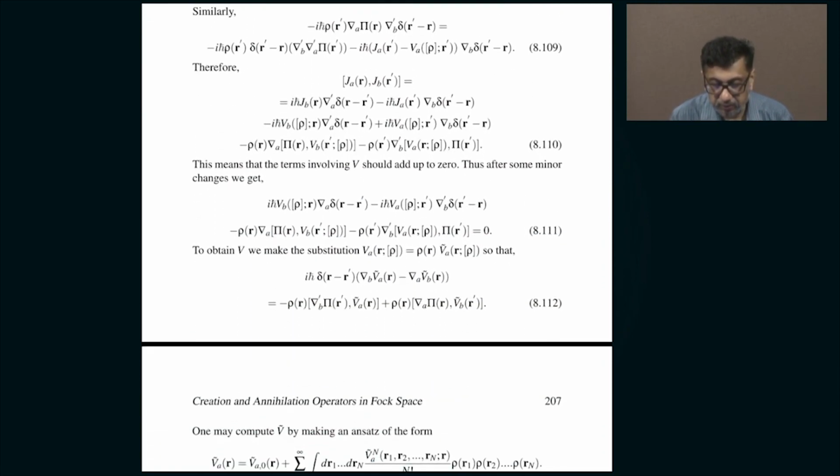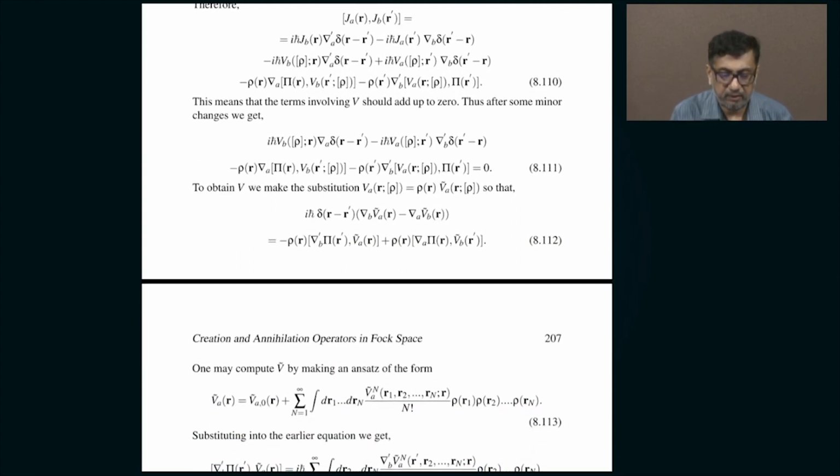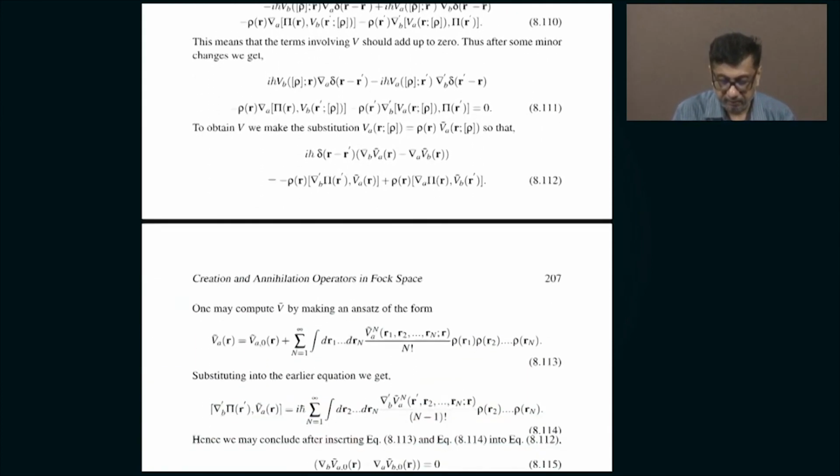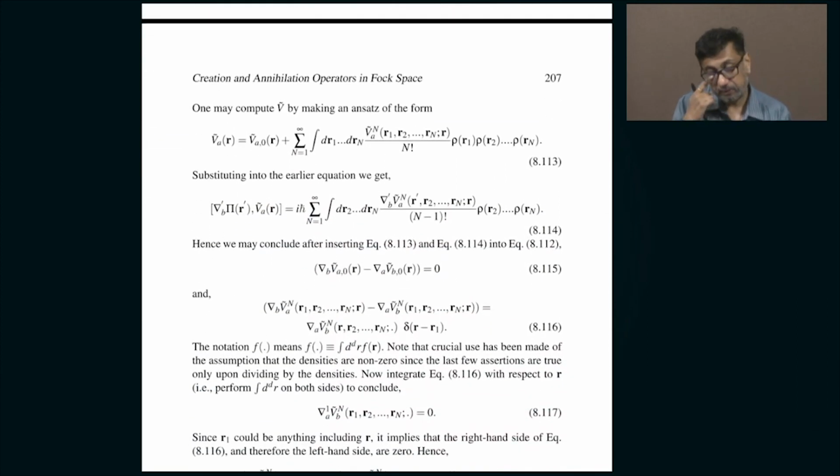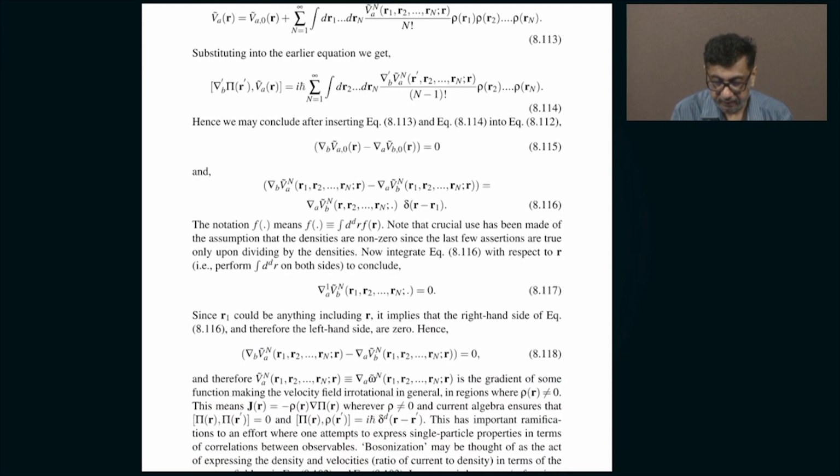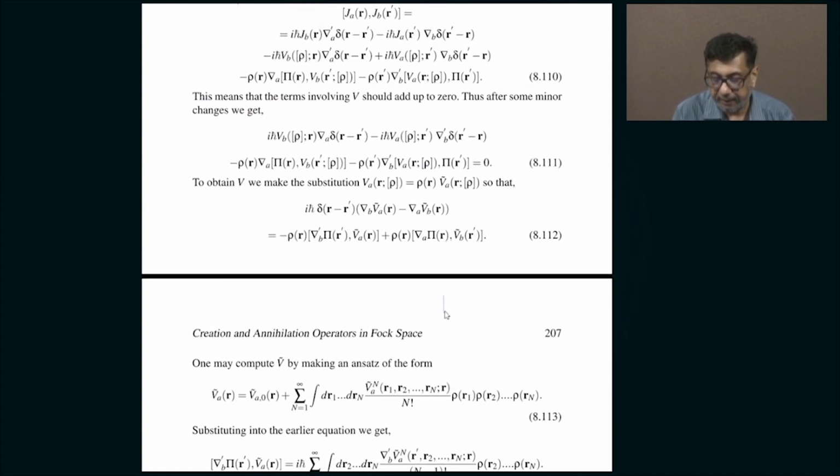I am not going to spend too much time on this, it is somewhat technical, but the bottom line is that you will be able to show that you can always redefine pi as pi plus something involving rho itself in such a way that pi and rho will still be conjugates of each other, and pi commutes with the other pi's.